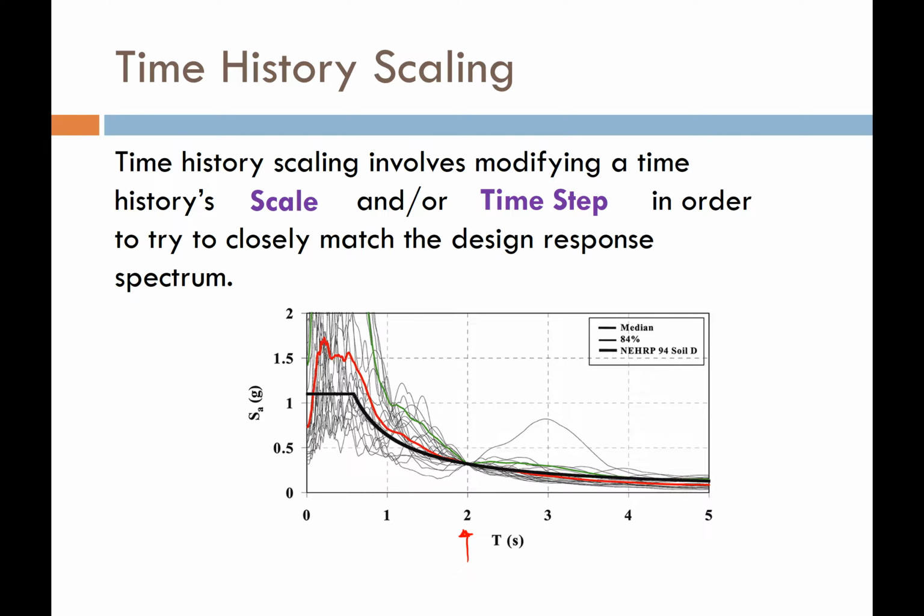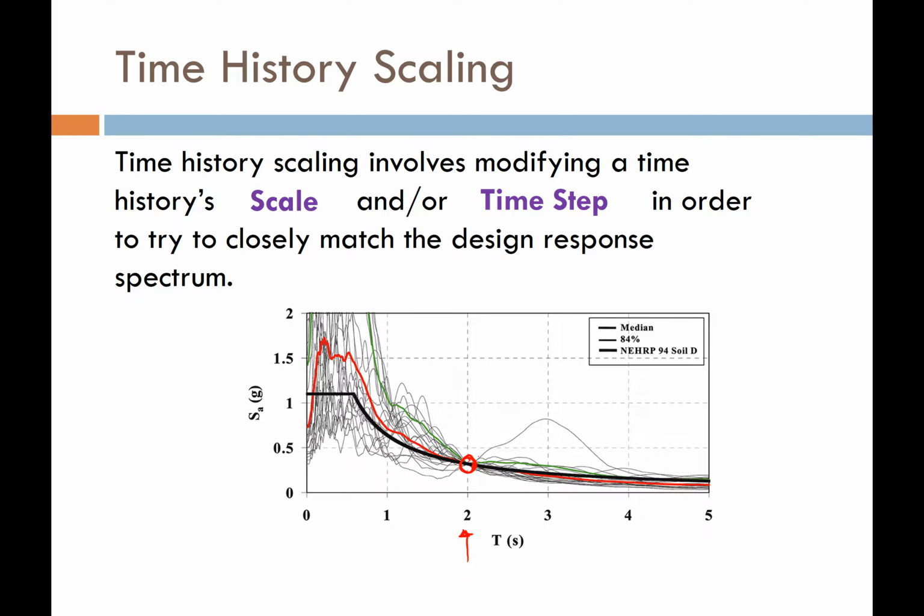So now the goal is, how do we pick time histories that are going to get us really close to our target codified spectral acceleration at our period of interest? So imagine if for every one of these little gray lines here, or the individual response spectra, that we multiply or divide the entire response spectrum by a factor such that at the period of 2 seconds, I have this response spectrum that corresponds with my target.